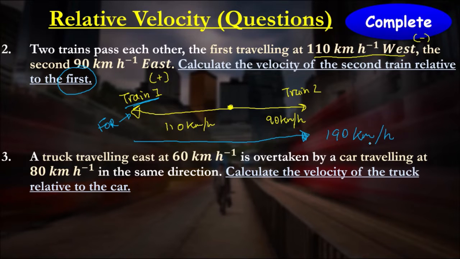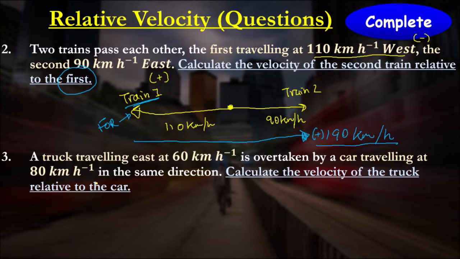Okay, so that's what we see. Because I said that east was the positive direction, from train 1's perspective, train 2 has traveled plus 190 kilometers per hour away from it.